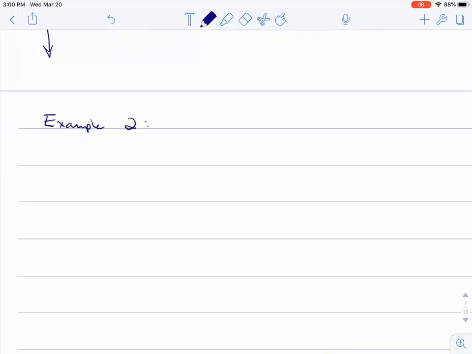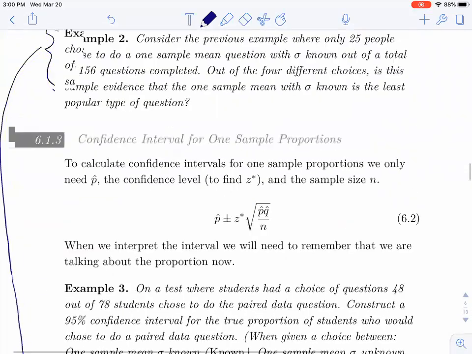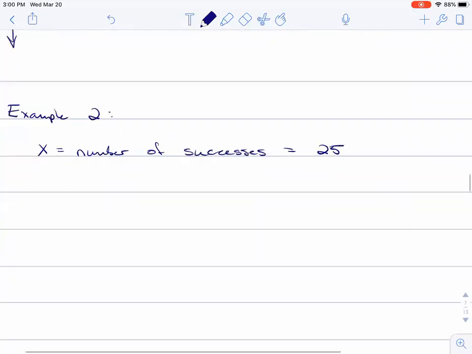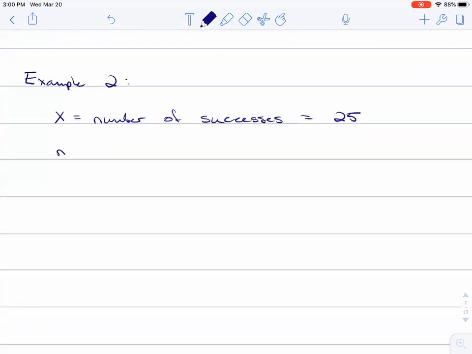So we've got X, the number of successes, which is 25. N is your sample size. We use 156.